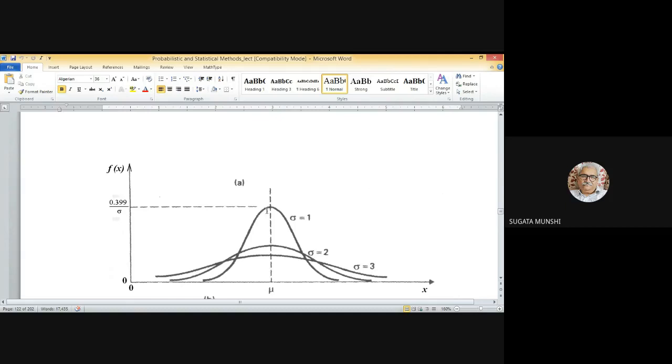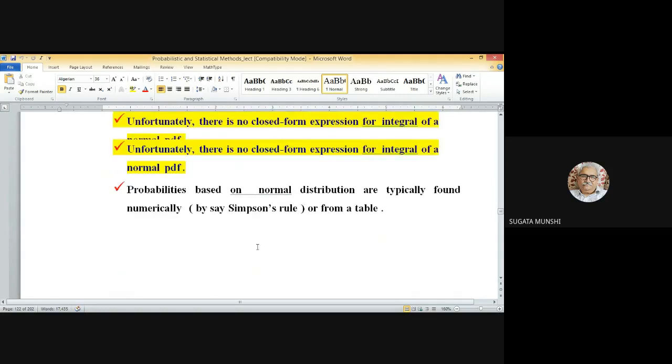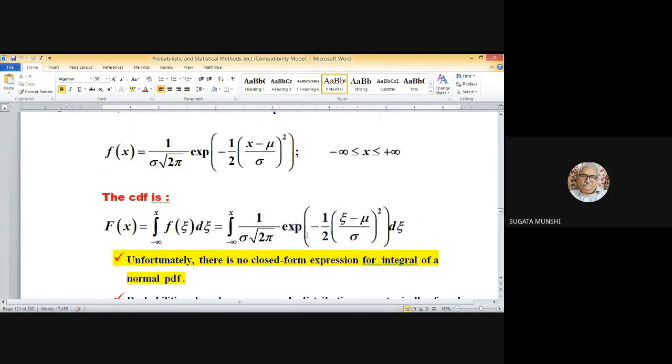And the height is also determined by sigma. So with decrease in the value of sigma, what will happen? The base will shrink and the height will increase. In the limit, as sigma tends to 0, it will become an impulse function. That is true for all density functions. So you can start from here and write down.